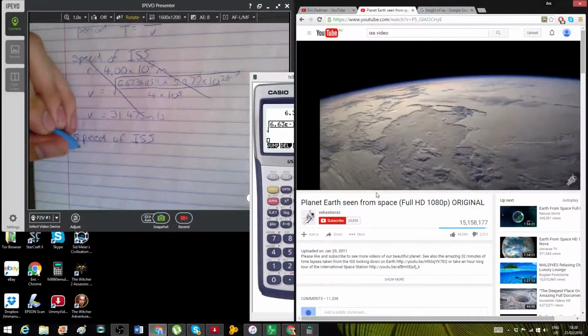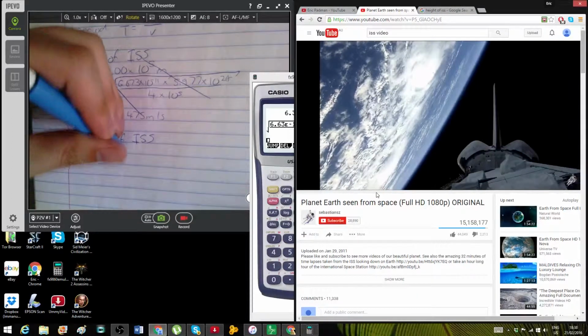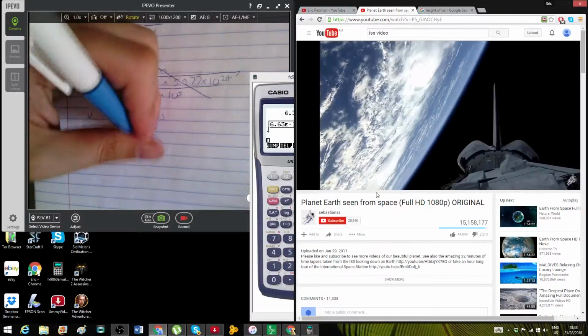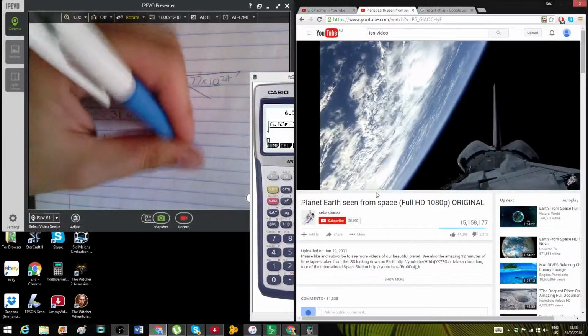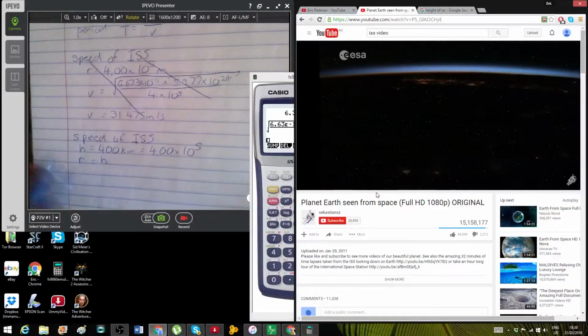So, h equals 400 kilometers, which is 4.00 times 10 to the 5 meters. Now, r is equal to height plus the radius of the Earth. Height is just the distance above the ground.